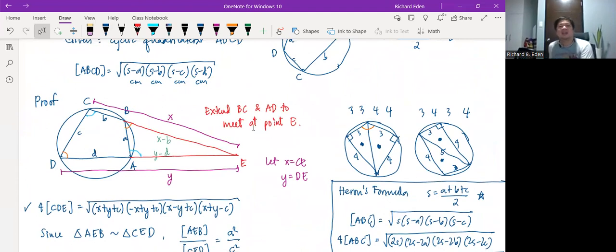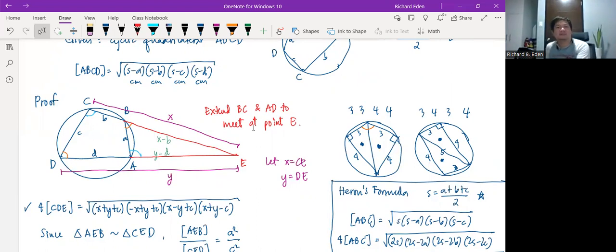We were able to form triangle CED only if BC and AD are not parallel. What if they are?